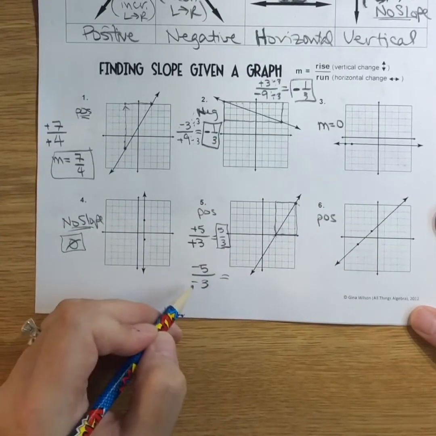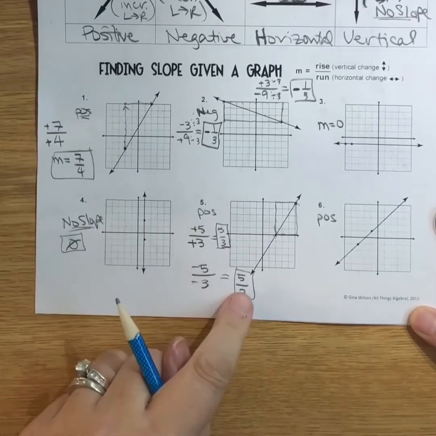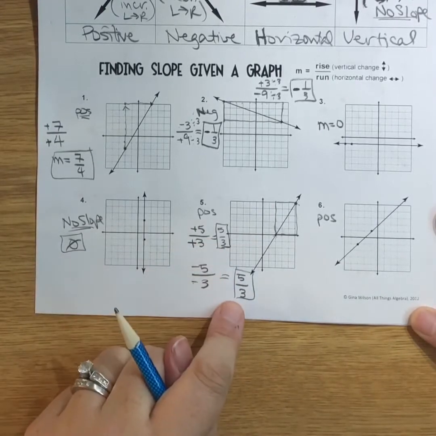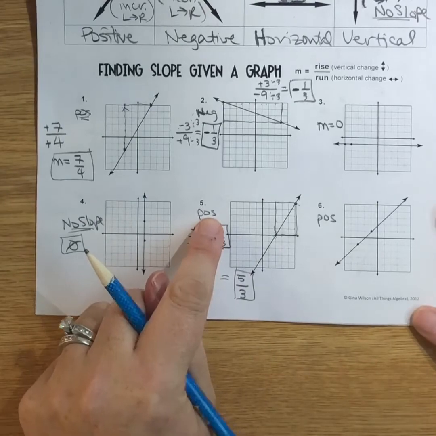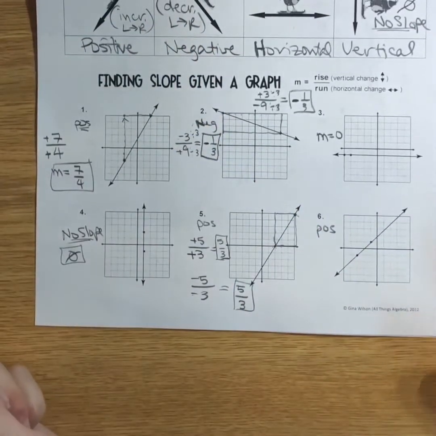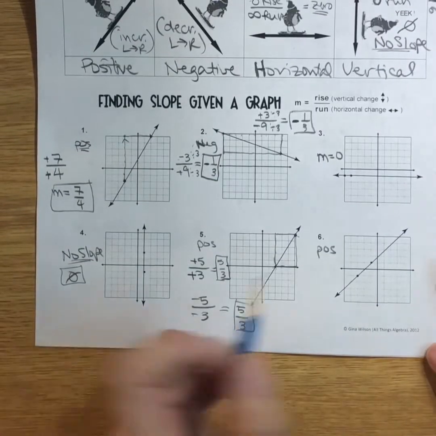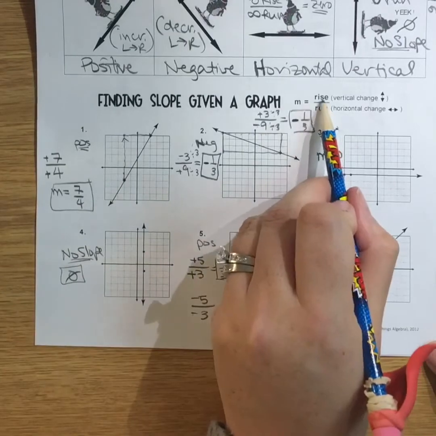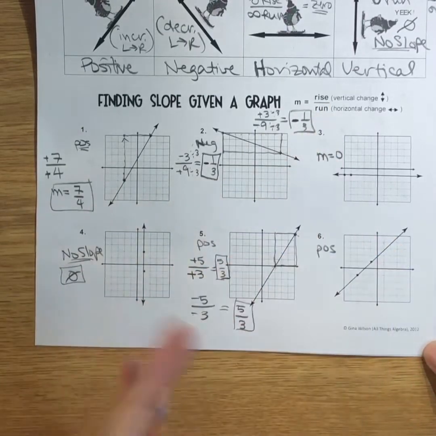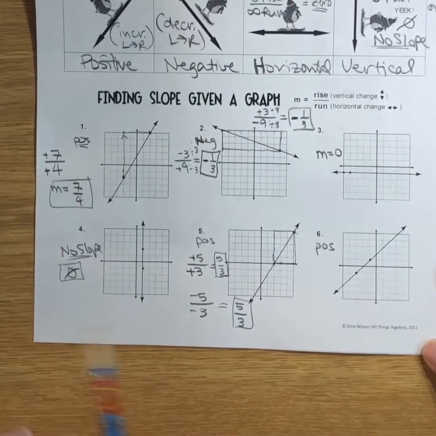Well, we know a negative divided by a negative is positive, so we end up getting the exact same final answer, and it's the same as what we classified it as, increasing from left to right. So my point is you can count any direction as long as you understand the positives and negatives for rise over run separately, and then you overall simplify it and it'll match the classification, okay?